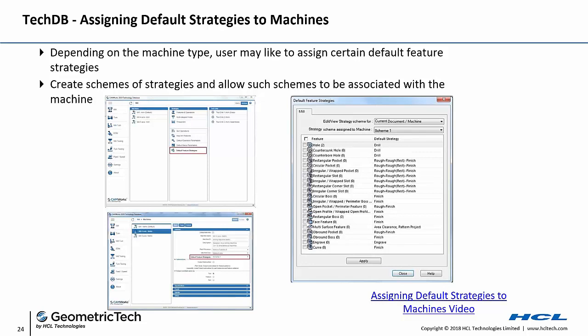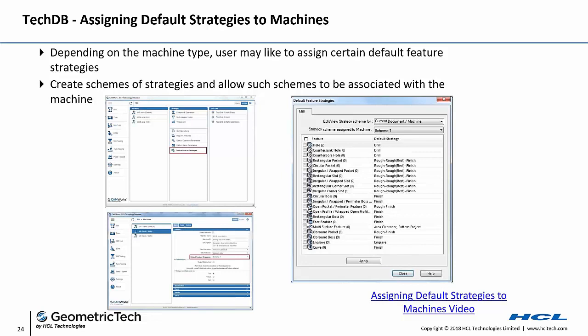You can see over on the left, we've added that selection for default feature strategies into the TechDB, and you can see down at the bottom where you can now select the scheme, the set of default strategies to be used for that particular machine.